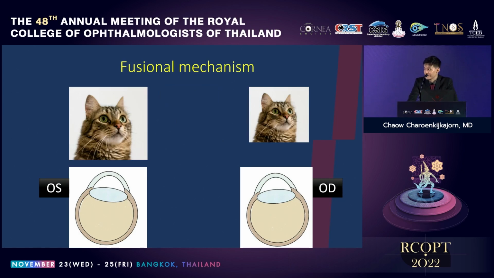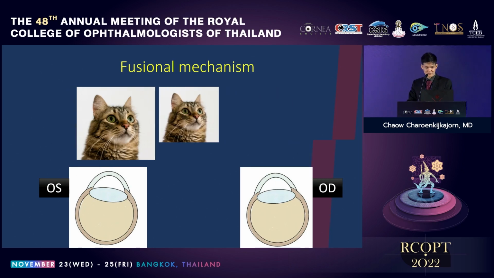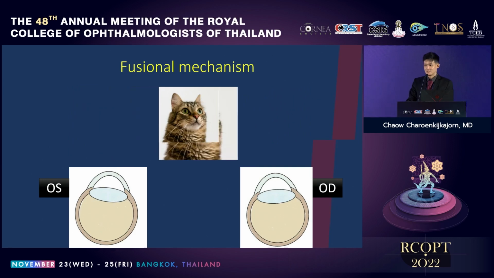Let's say the two eyes see things differently now. So this will increase the demands of the functional mechanism, and this can lead to symptoms like eye strain, headache, dizziness, vertigo, or difficulty with reading. So when the images are so different, if it exceeds the threshold of functional mechanism, that will lead to diplopia or even suppression in children.